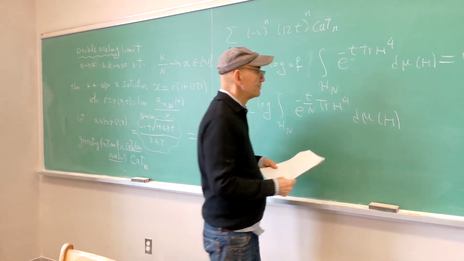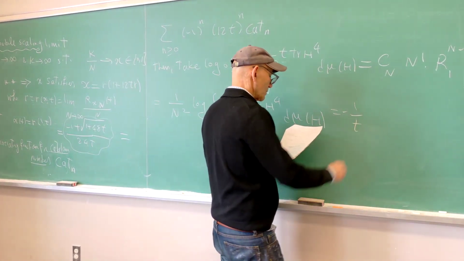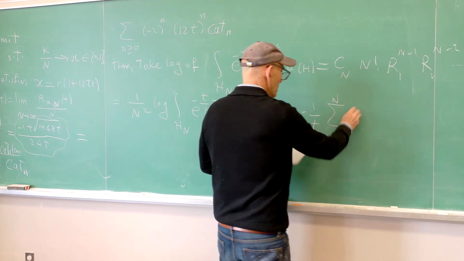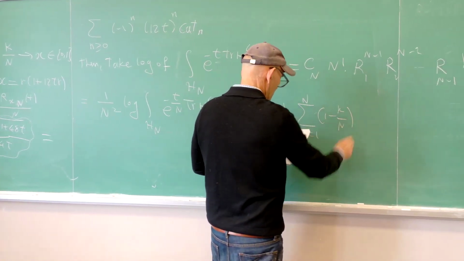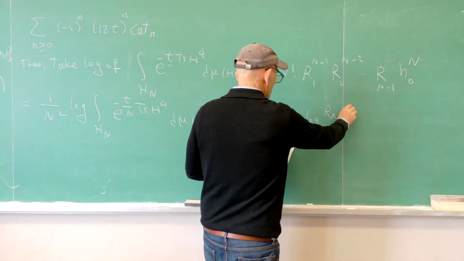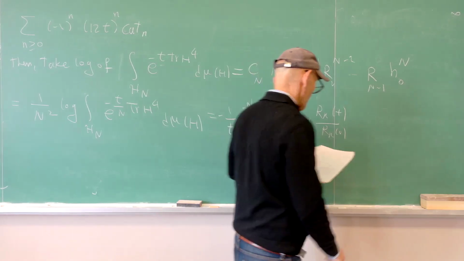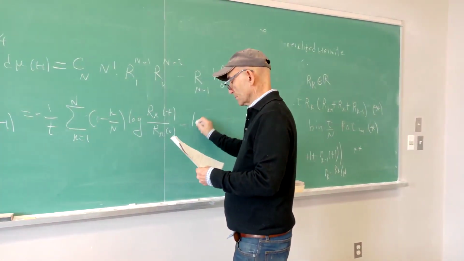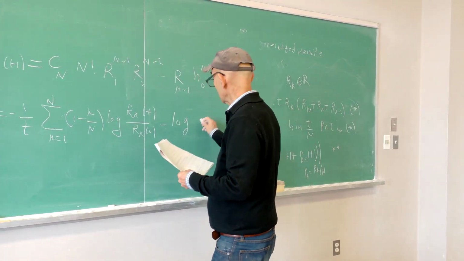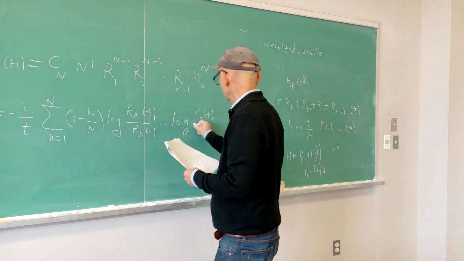which is equal to minus 1 over t, sum over k equal to 1 to N, of 1 minus k over N, times log of Rk of t divided by Rk of 0, minus log of R0 of t divided by R0 of 0.